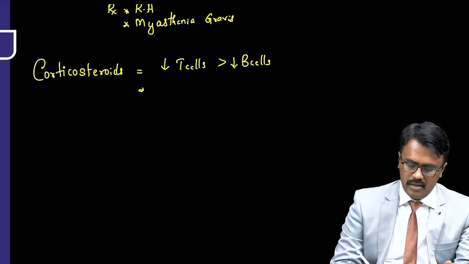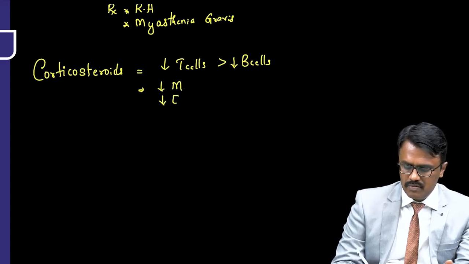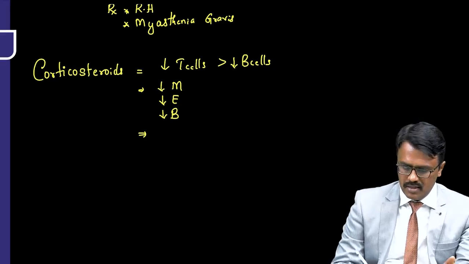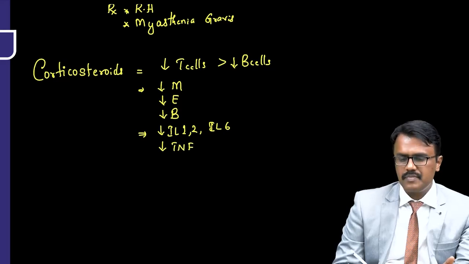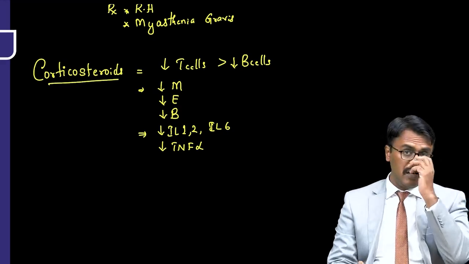And not only that, they decrease the monocytes, they decrease the eosinophils and basophils. And they also inhibit the neutrophil chemotaxis, and they decrease interleukin 1, interleukin 2, interleukin 6, and also the tumor necrosis factor alpha. So corticosteroids are immunosuppressant.